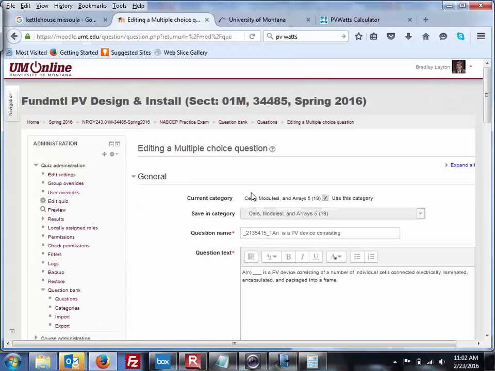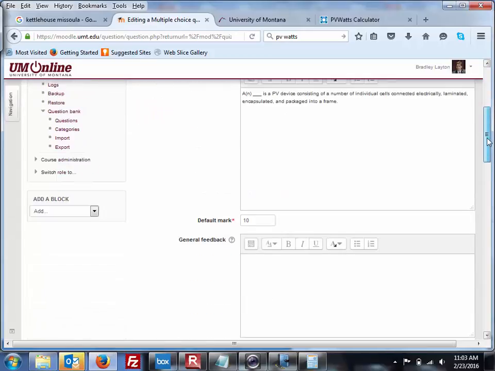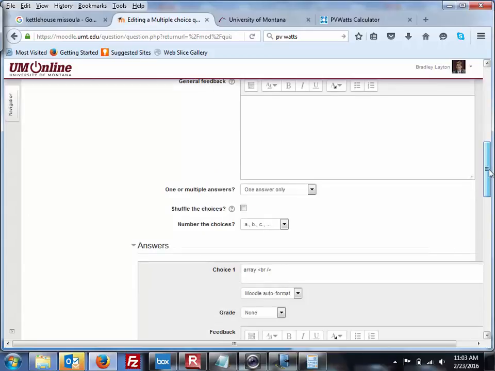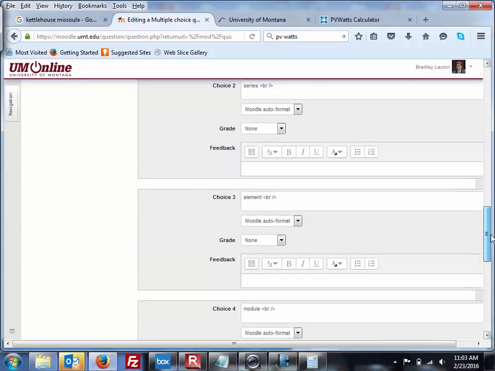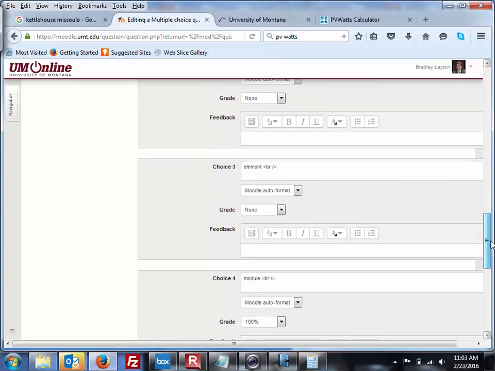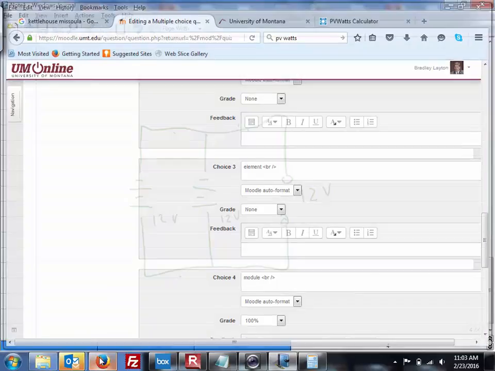A blank is a PV device consisting of a number of individual cells connected electrically, laminated, encapsulated, and packaged into a frame. These are softball questions. An array, series, element, module. Yes, the individual module.